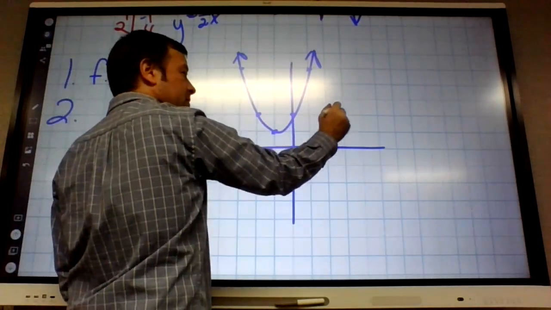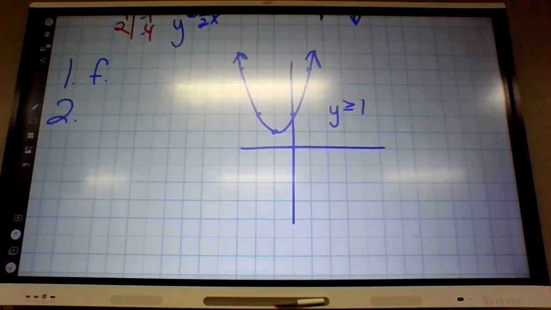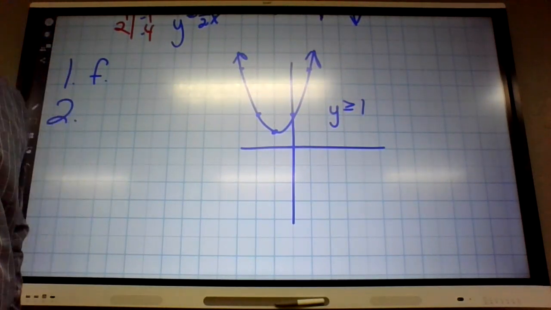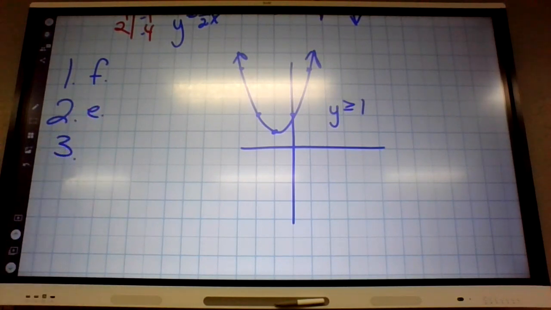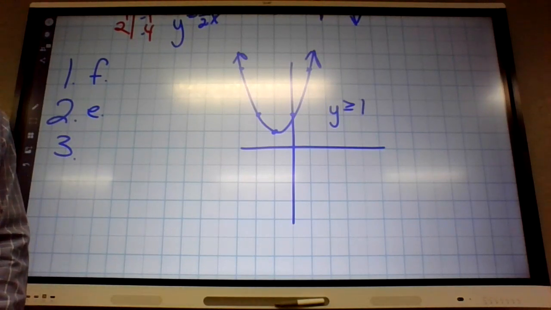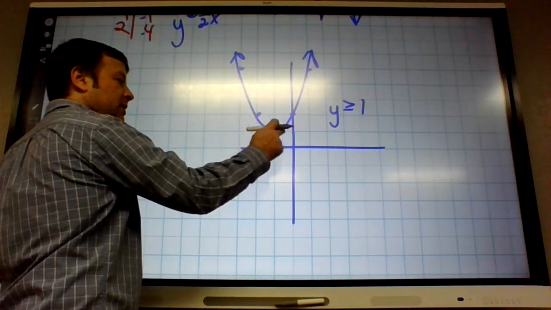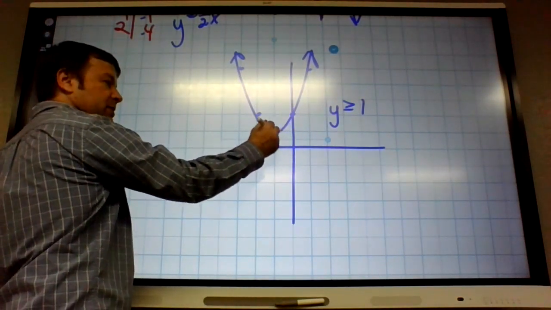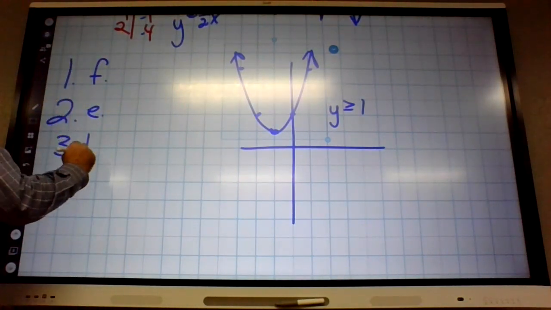So y is greater than or equal to 1, which is option E. Okay, number 3, the vertex. Where's the vertex at? It's at -1, 1. That's the vertex, which is option H.